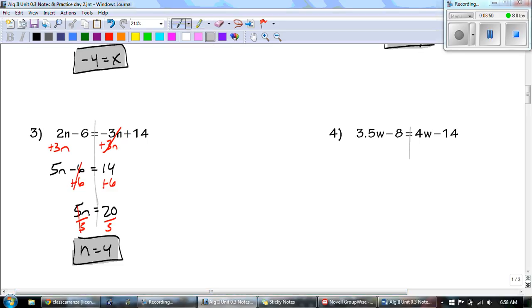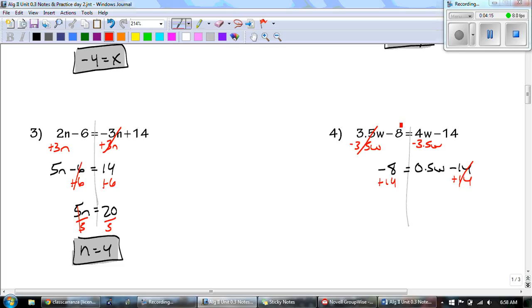All right, now you don't get to freak out because there are decimals now. Okay, look at the 2 and subtract whichever one is smaller. We get -8 equals 0.5w minus 14. Okay, and I'm going to just keep on solving it.